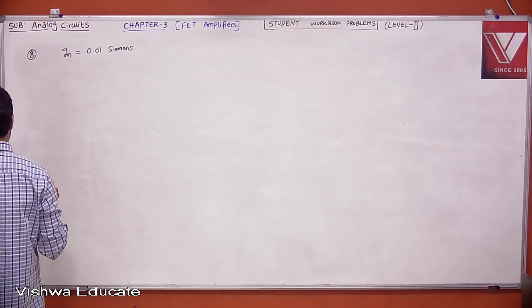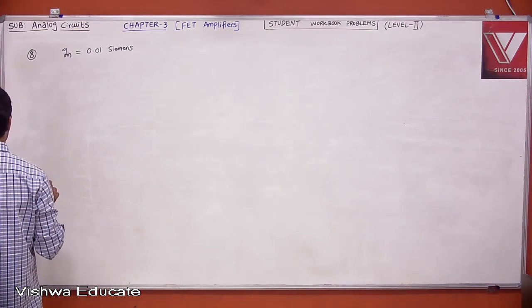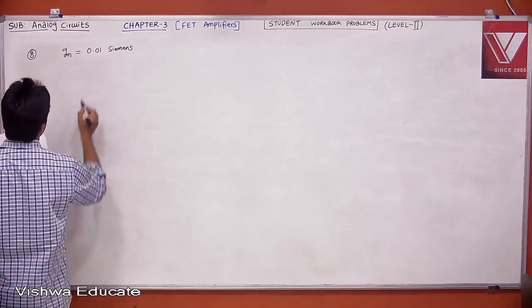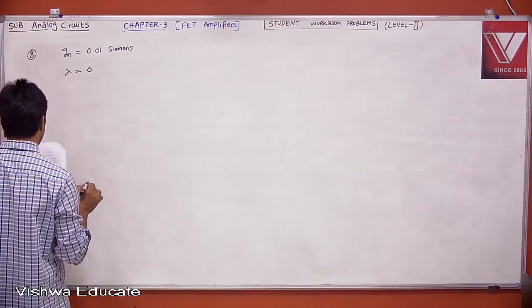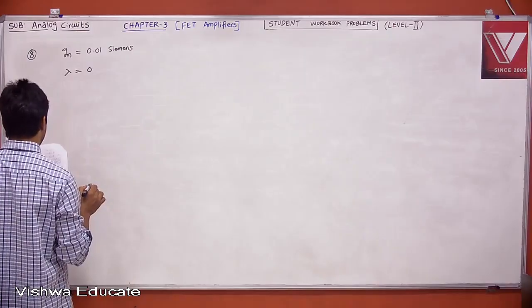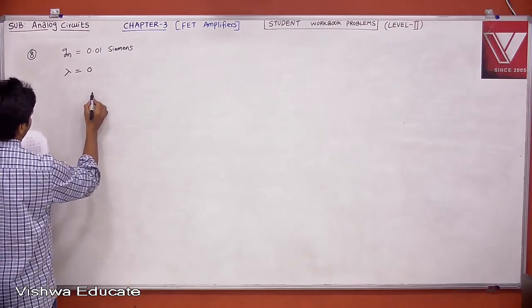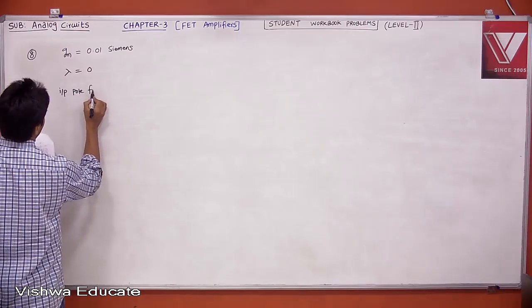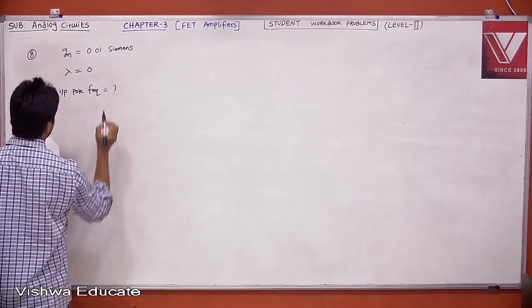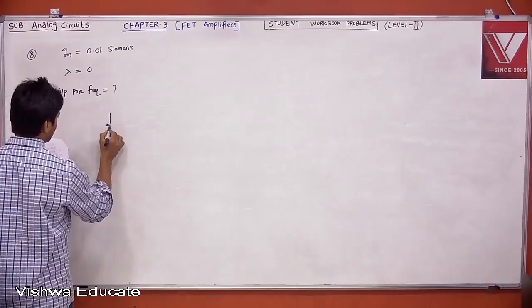Ignoring internal parasitic capacitances and assuming the channel length modulation lambda to be 0, there is no channel length modulation, find the small signal input pole frequency.